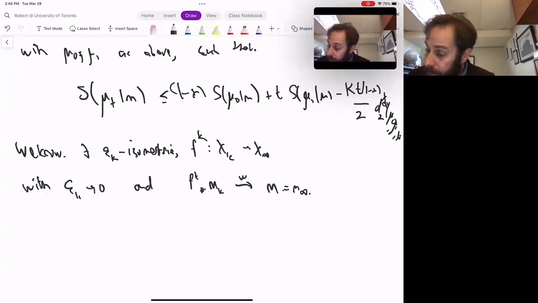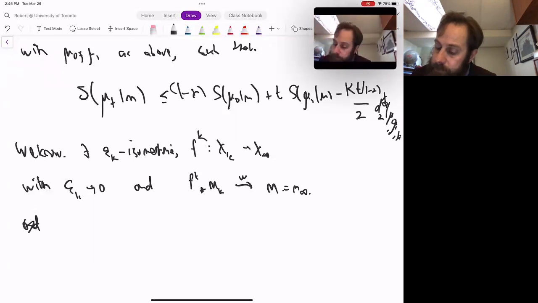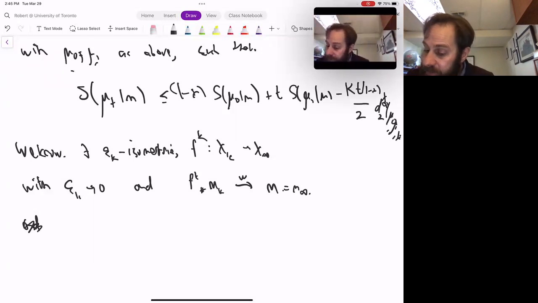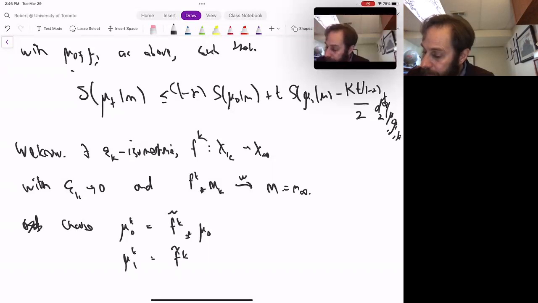And we also know, okay, so hang on. So we're given these two limiting measures that we want, and so we're going to choose mu naught k to be fk tilde push forward mu naught, and mu 1 k to be fk tilde push forward mu 1.